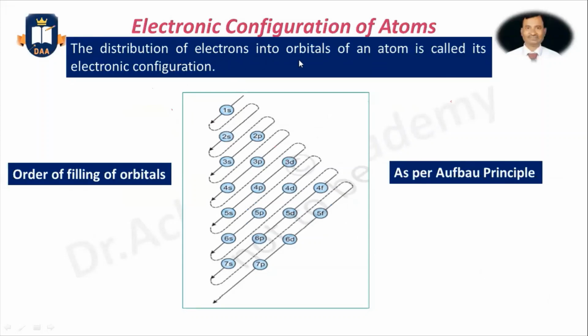The distribution of electrons into orbitals of an atom is called its electronic configuration.